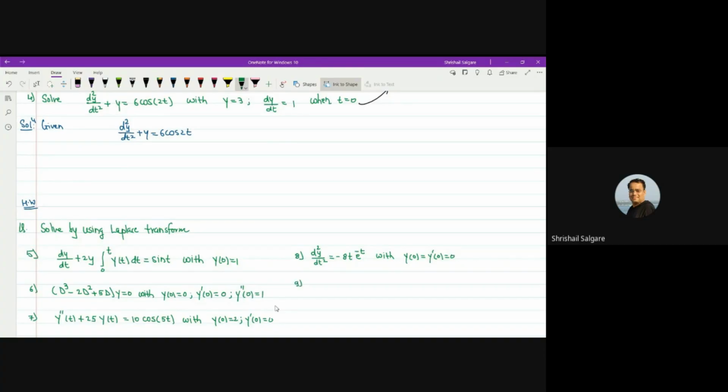Ninth, suppose dy by dt equal to t cube into e to the power minus 5t with the condition y of 0 is equal to 0.